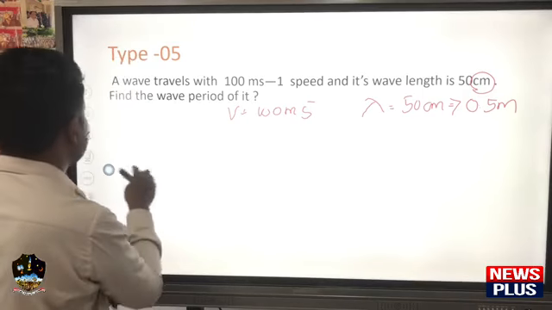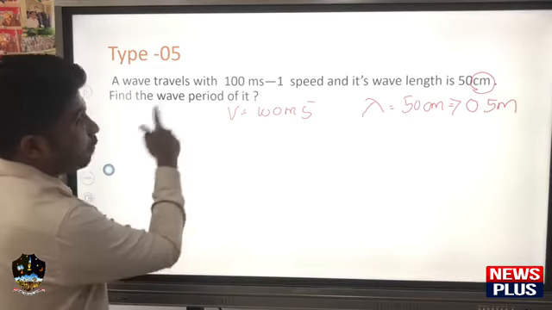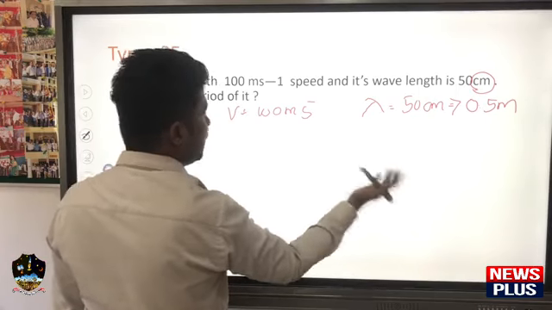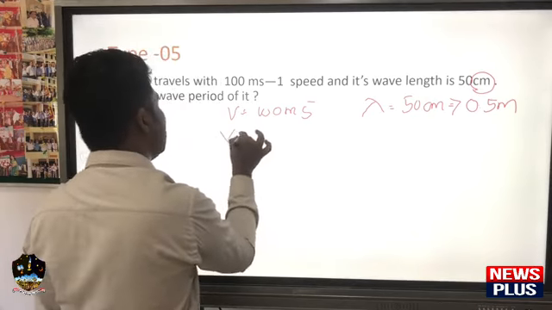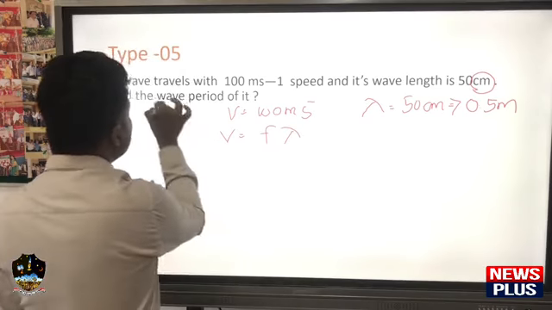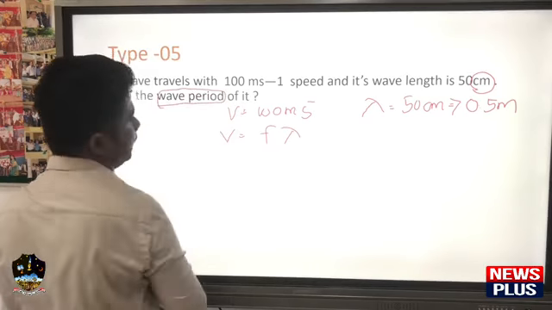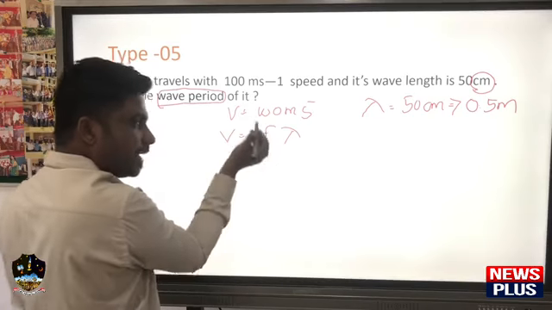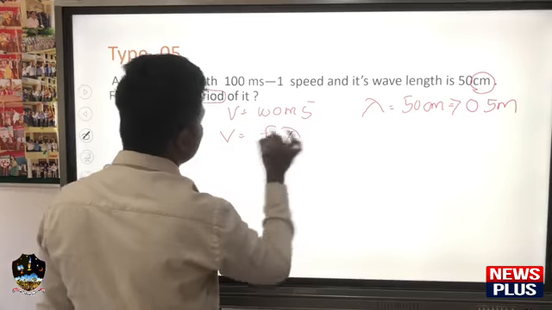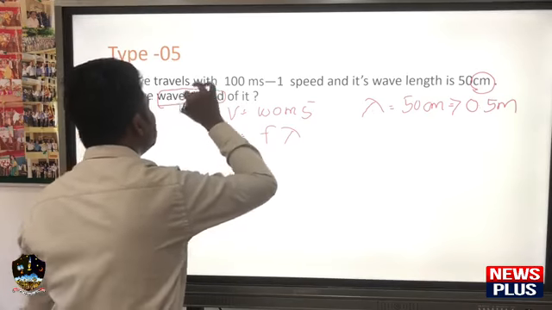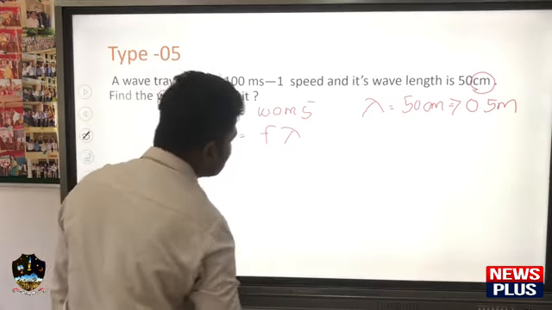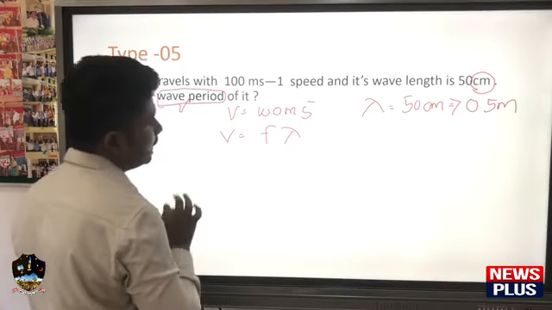This is not a simple question. If you see the earlier questions, they asked V equal to f lambda, which is very easy. But here the question asks for the wave period, and in this equation f is there.